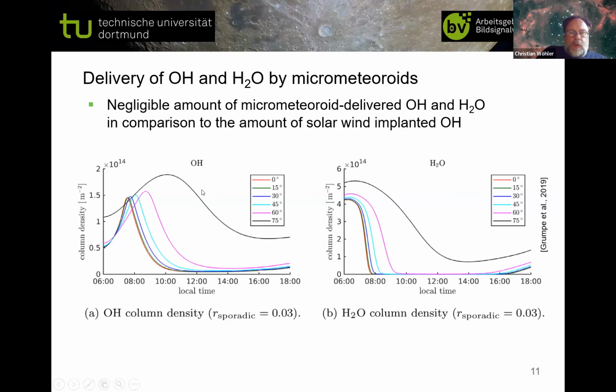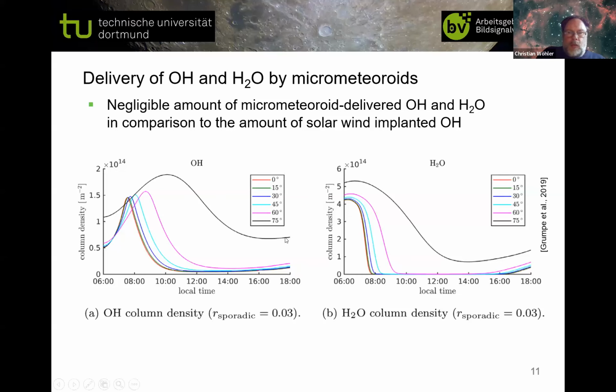And we found that the column density of OH delivered to the lunar surface and undergoing the destruction processes that I've already described leads to a column density that is at least an order of magnitude lower than the OH component due to protons implanted from the solar wind.